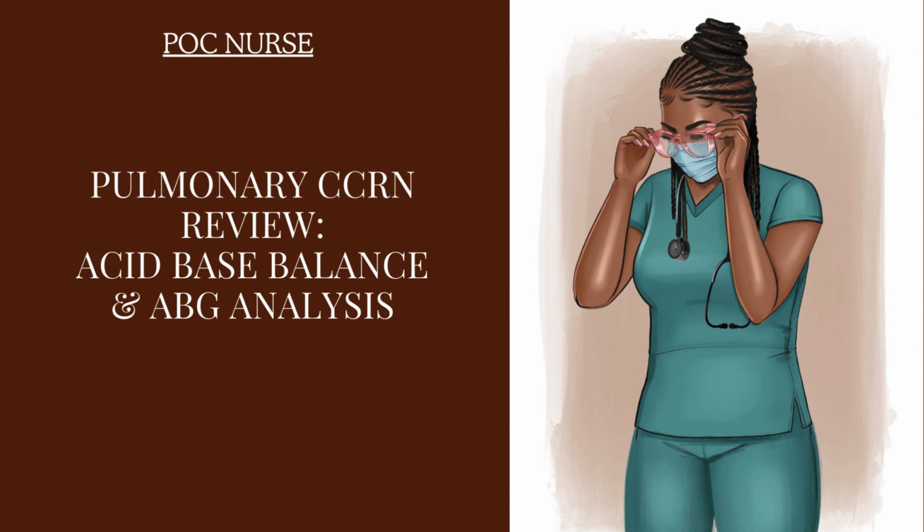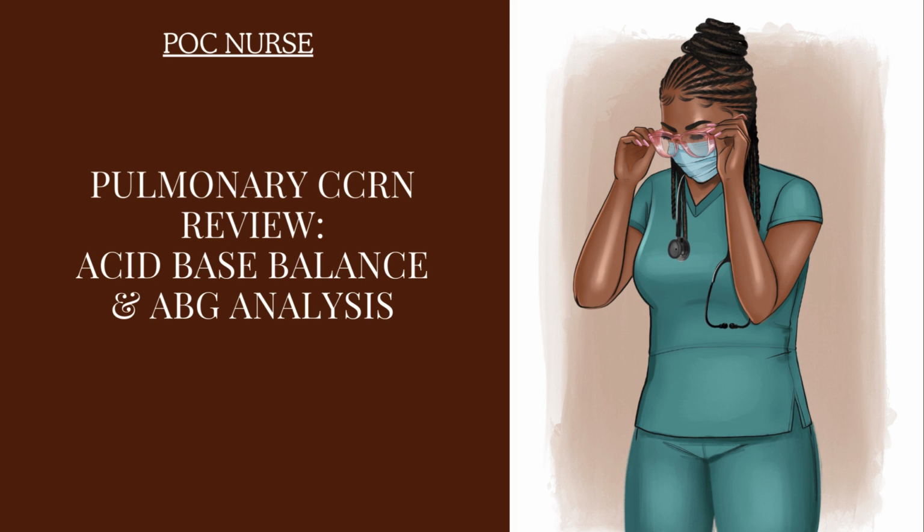All right, so we have a pH of 7.25, a PaCO2 of 65, and our bicarb level is 30. Okay, so our pH is 7.25, acidotic right there.